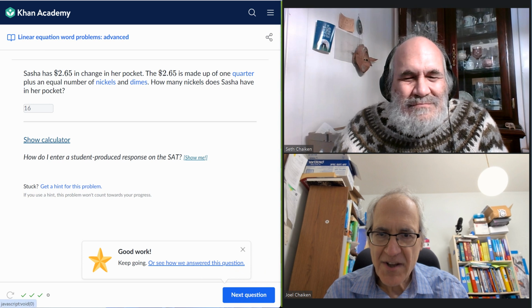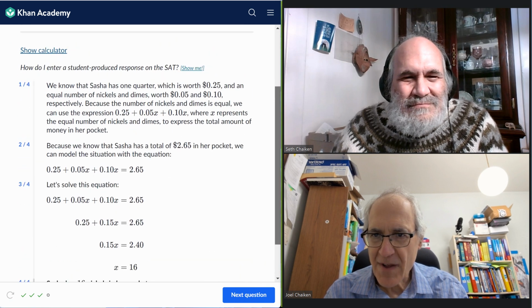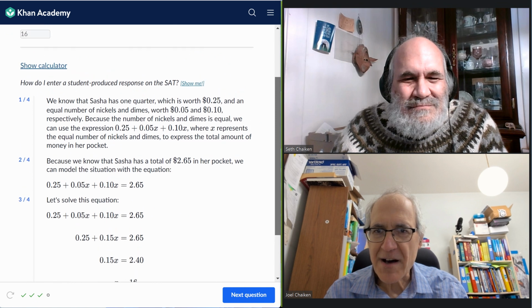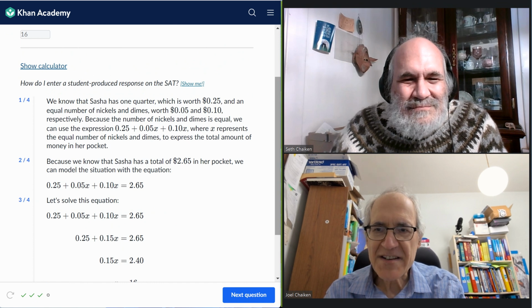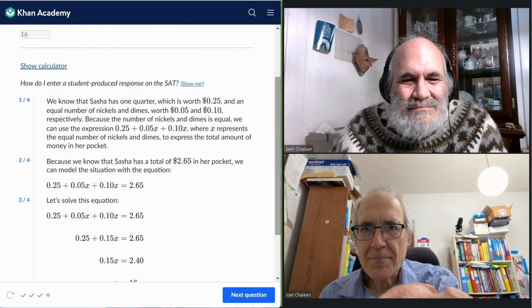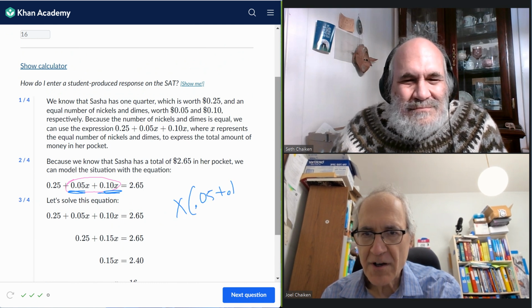Okay, let's see how they answered this question. Four steps, so it's not very many. Oh, they split it up. First of all, they worked in dollars, not in pennies. And they split up the 5 cents and the 10 cents into separate terms, as opposed to x times 0.05 plus 0.1.